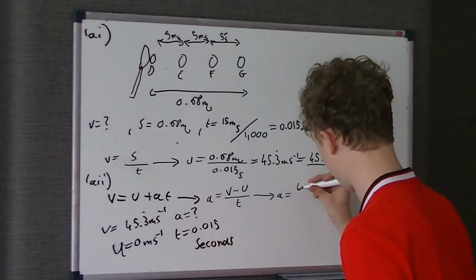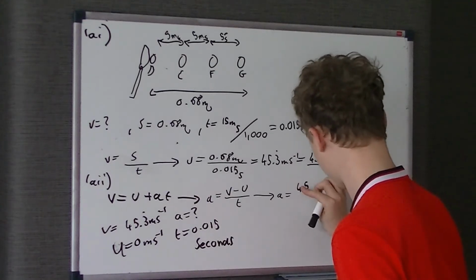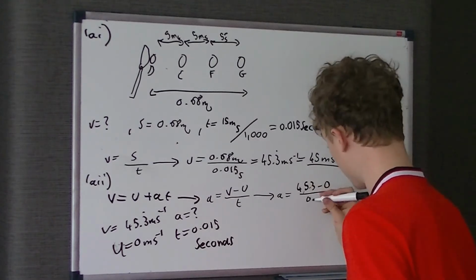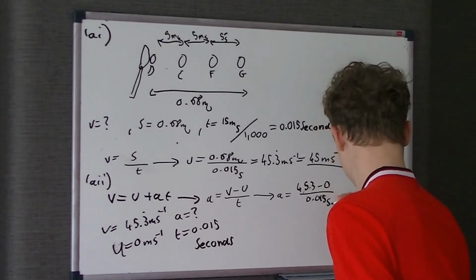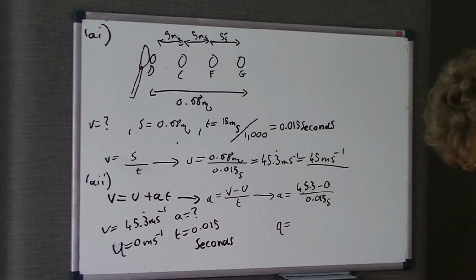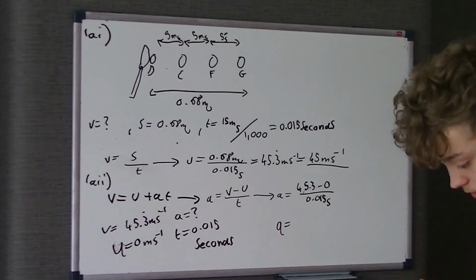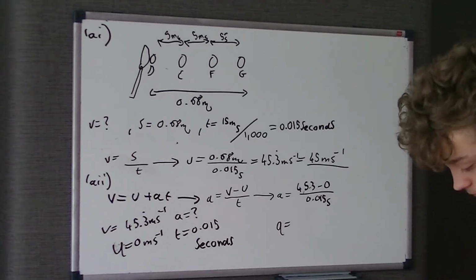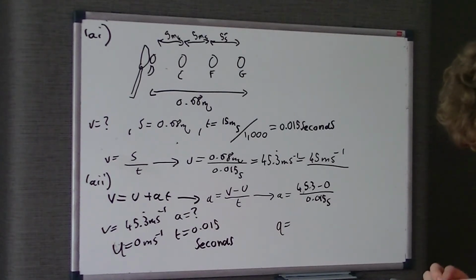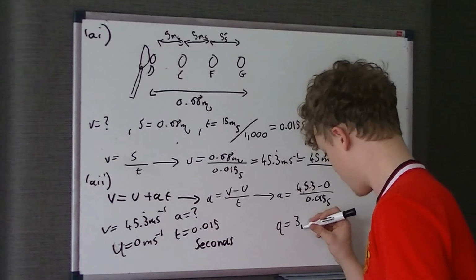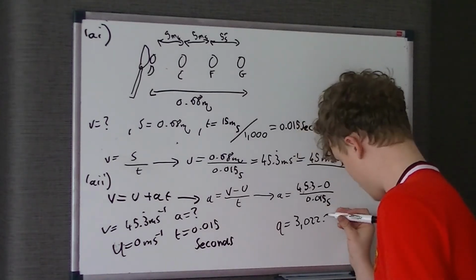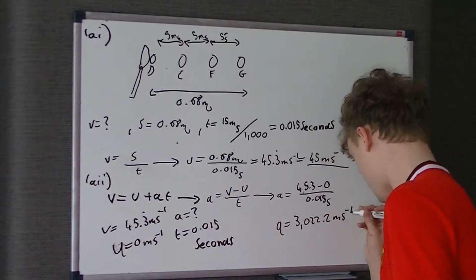So 45.3 take 0 over 0.015. Now, as you can see, that is going to be a very large number. So put that in our calculator, and that should get you an answer of 3022.2 meters per second.